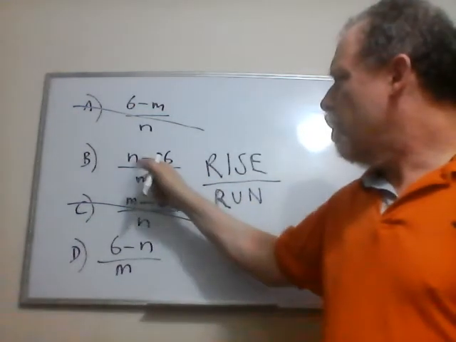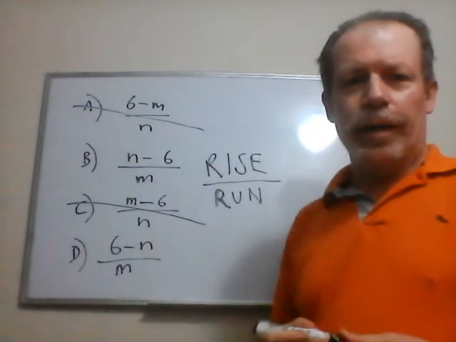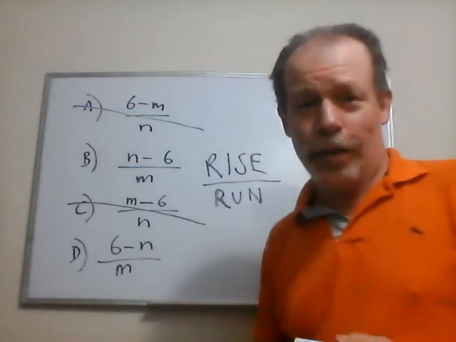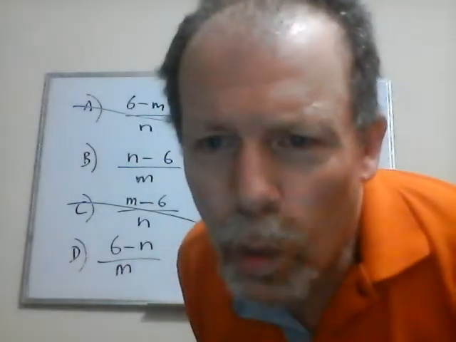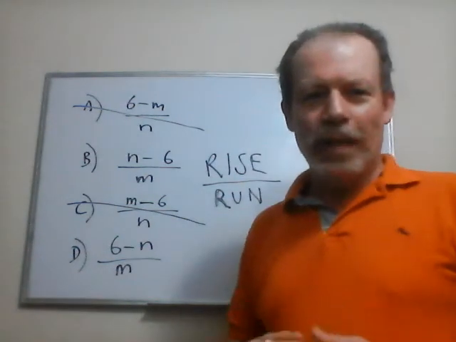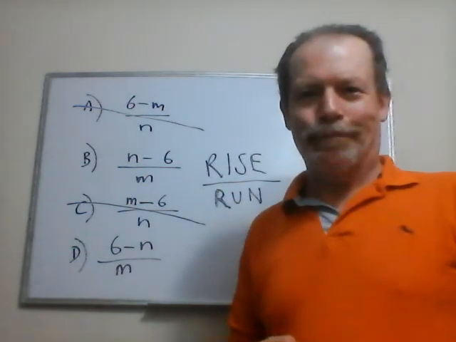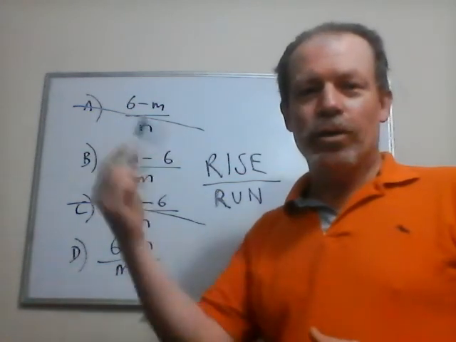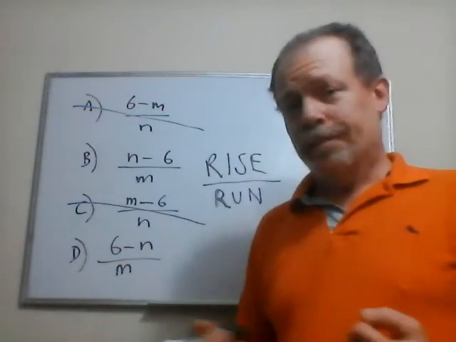Between these two, it becomes a question of: am I going to subtract this 6 from the y position, or am I going to subtract the y position from the 6? Hopefully this will seem intuitively obvious to you. The 6 in the formula y equals kx plus 6 means that the line does not pass through the origin because it's too high by 6. That would prevent you from simply using these two points m and n to calculate the rise and the run.